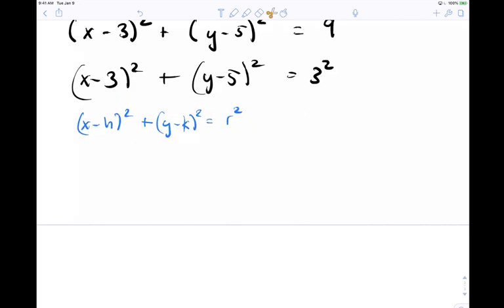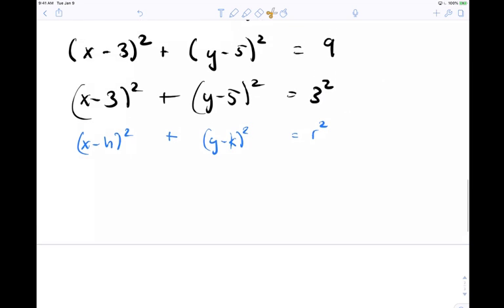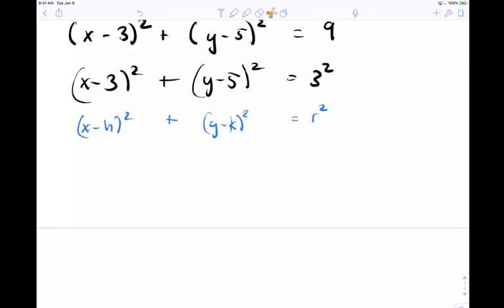That matches there. That matches there. And that's there. So now it should be clear that our h is 3, our k is 5. So the center of our circle is 3 comma 5, and the radius is 3, right?